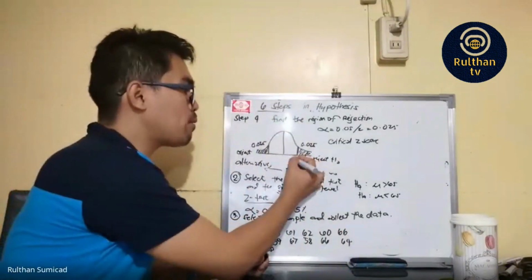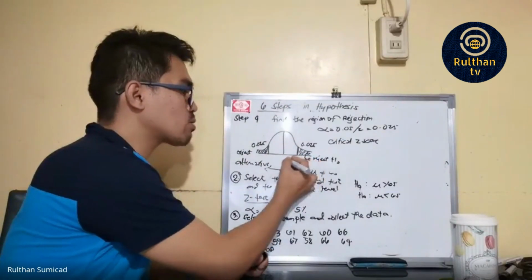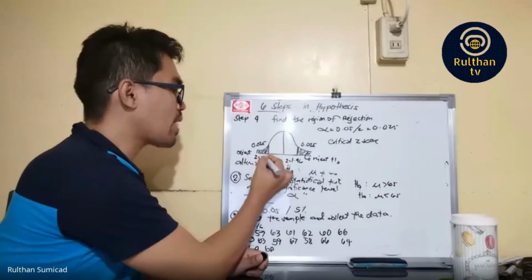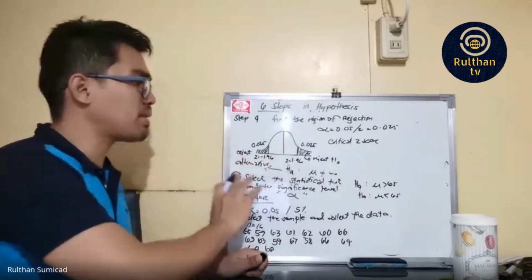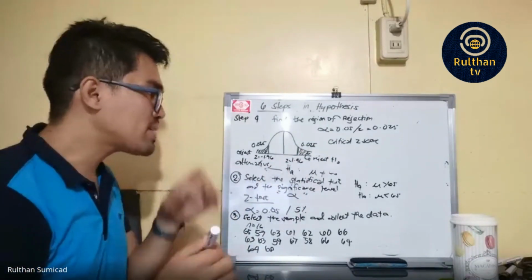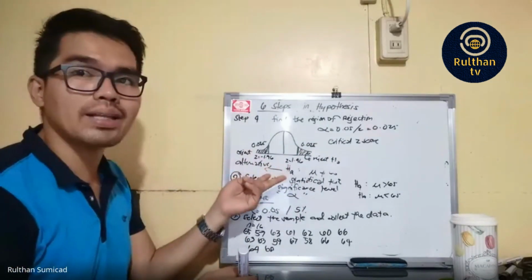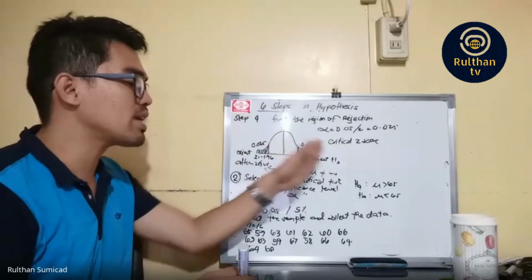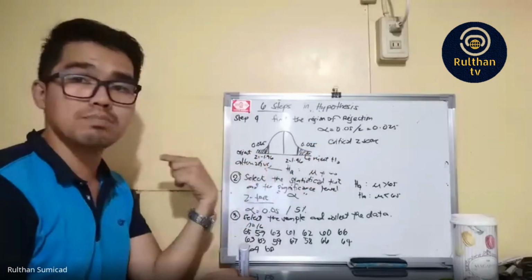This is the z-score here, and on this other side the z-score is negative 1.96. It's the same, but one is positive while the other is negative. The positive and negative z-scores imply that one critical region is above the mean and the other is below the mean.